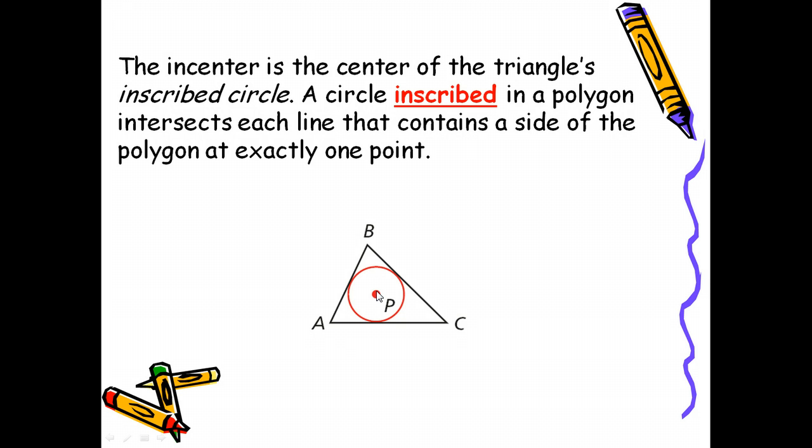P, the incenter, is the center of this circle. So circumscribed means the circle goes around the polygon. Inscribed means the circle is inside the polygon.